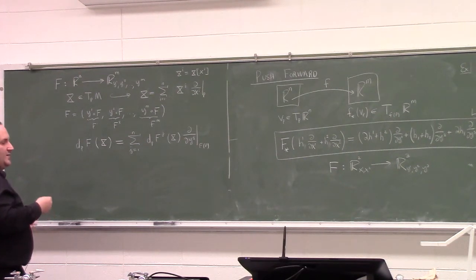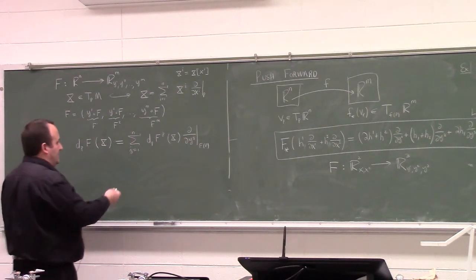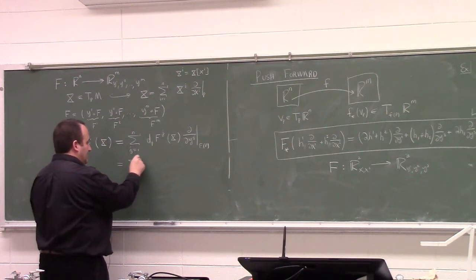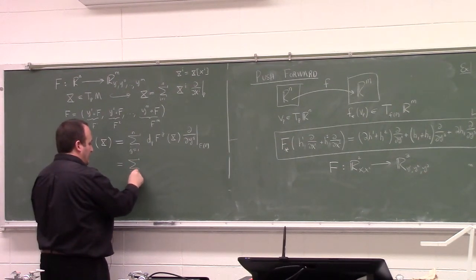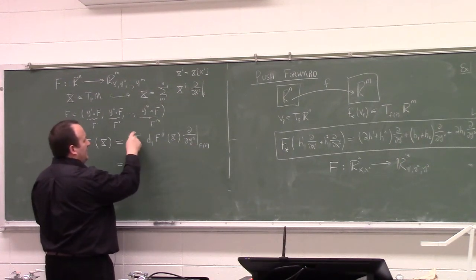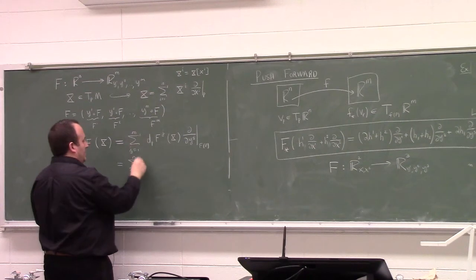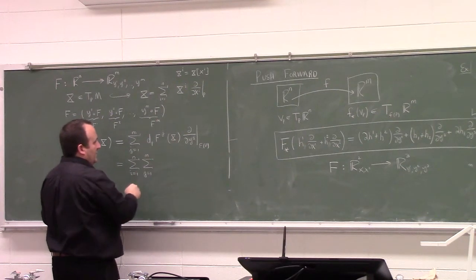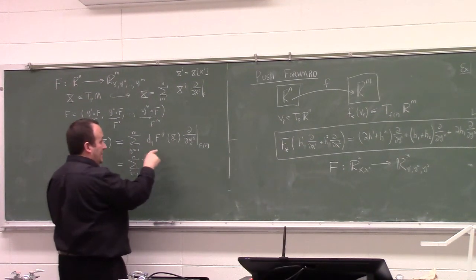But we could break this down further. What this really is, the sum i equals 1 to n, rather. This was supposed to be an m, as in mommy. So i equals 1 to n, sum j equals 1 to m.